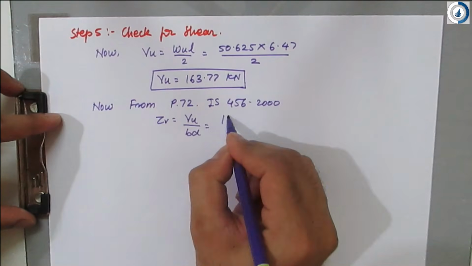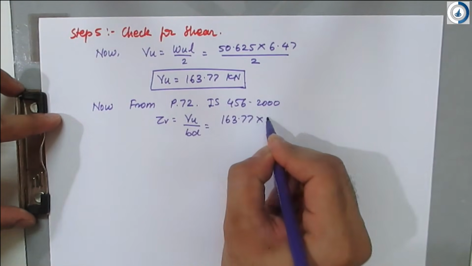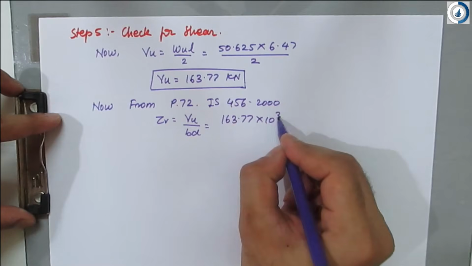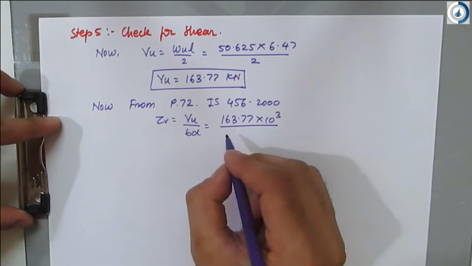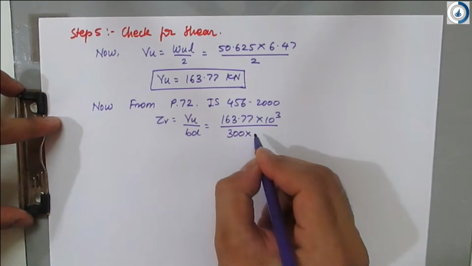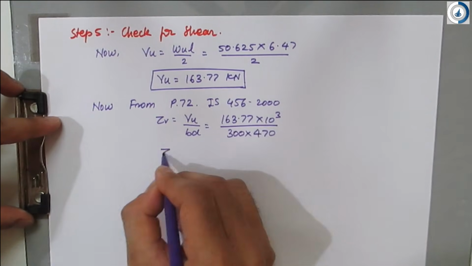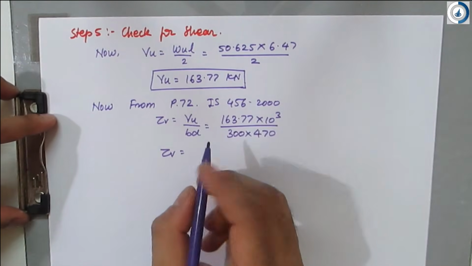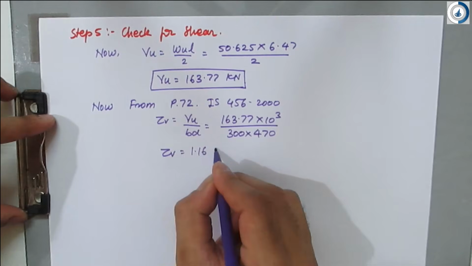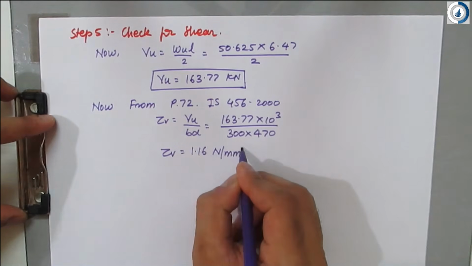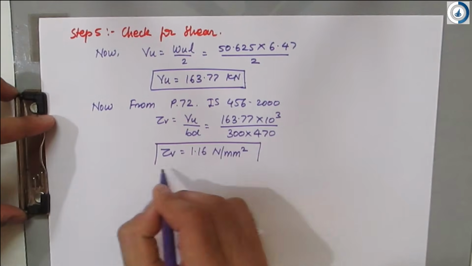So VU is 163.77. When you convert from kilonewton to Newton, you have to write into 10 raised to 3. B is 300 and D is 470. So with this, you will be getting tau V as 1.16 Newton per mm square.